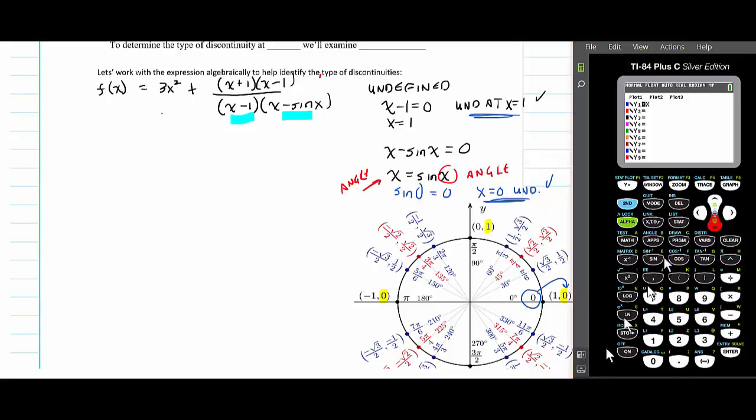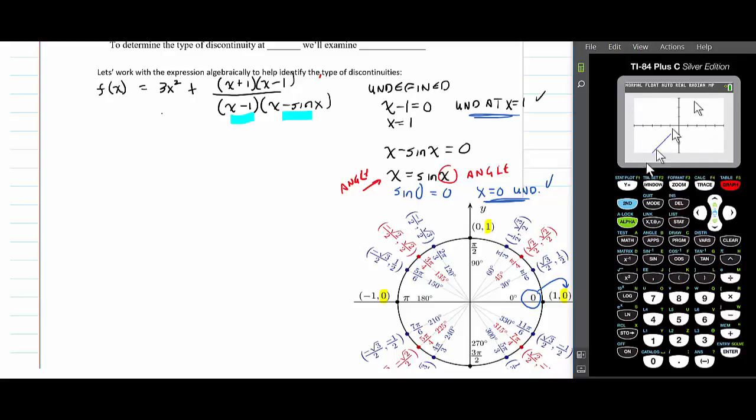Then we're going to put the other side of the equation in, sine x. And then for a window, it doesn't matter, let's go something like -5 to 5 by a scale of 1. And then for the y values, let's look at maybe -3 to 3, because it's going to graph the sine and that line.